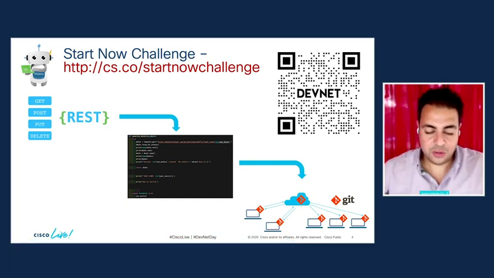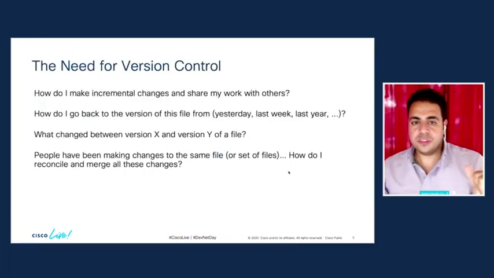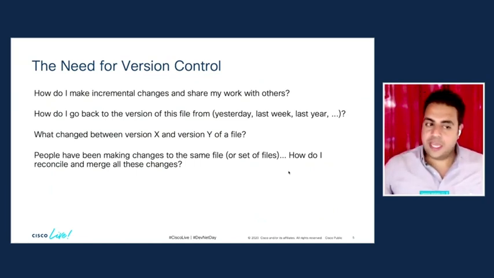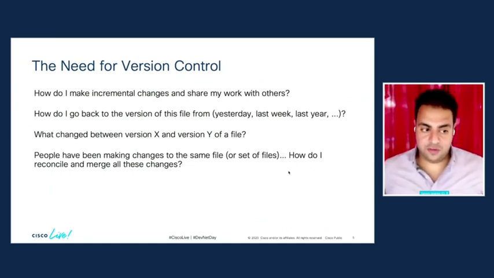Okay, so why Git? Why do we need Git? Chances are if you're in a team working on code and collaborating, you've asked yourself these questions. How do I make incremental changes and share my work with others? How do I go back to the version of the first file from yesterday, last week, last year even?